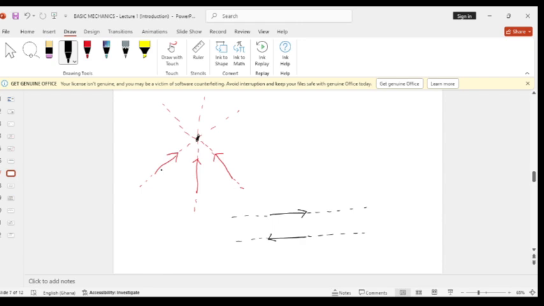However, if their lines of action, when extended, meet at a single point, then we say that they are concurrent forces, and that is the point of concurrency. So we can say that for concurrent forces, their lines of action converge at a single point.